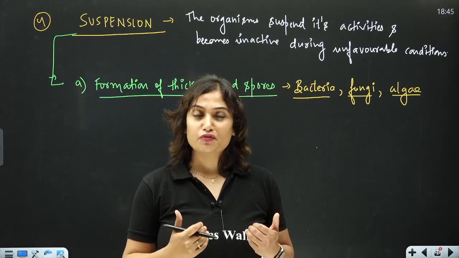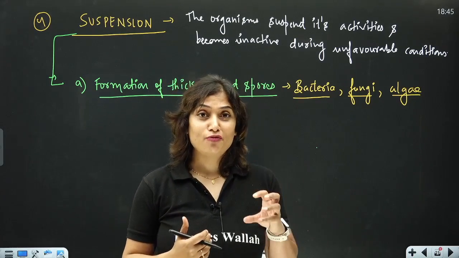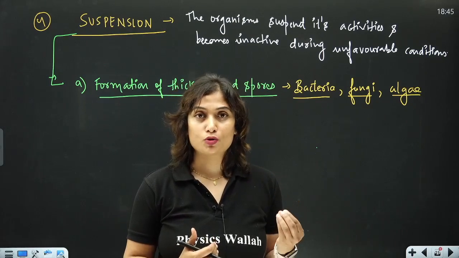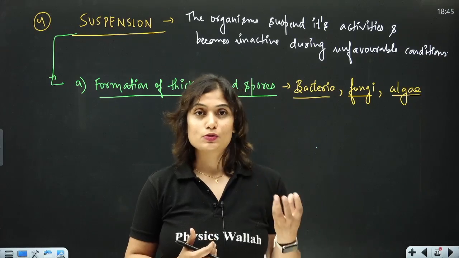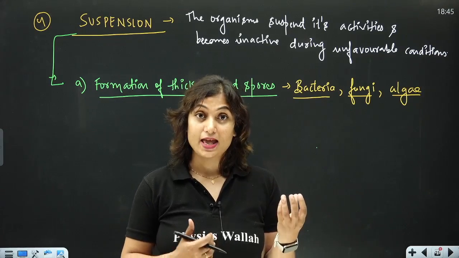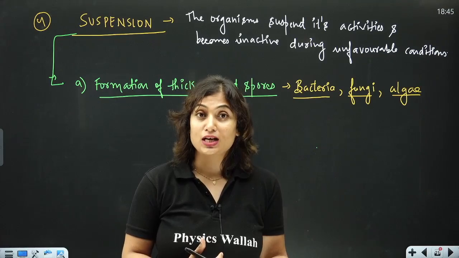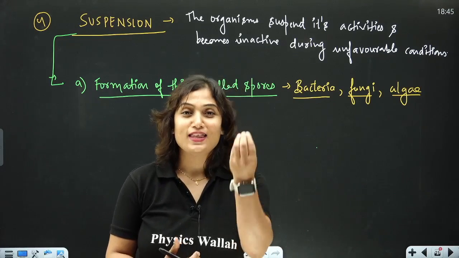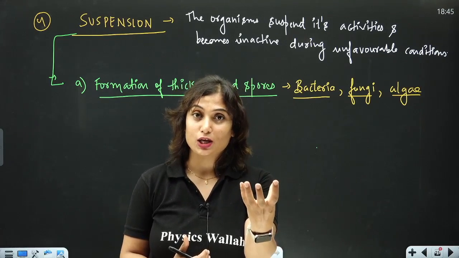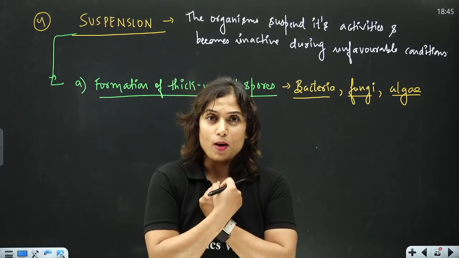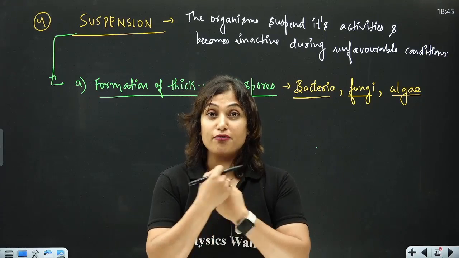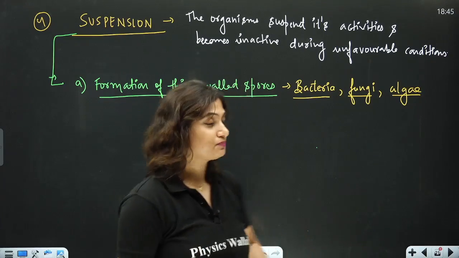When the unfavorable conditions come, they form special type of spores, thick-walled spores, which are resistant towards the unfavorable conditions. And when the favorable condition comes, these spores give rise to new fungi, new algae, or new bacteria. So this is how they cope up with the unfavorable conditions, by forming the thick-walled spores.